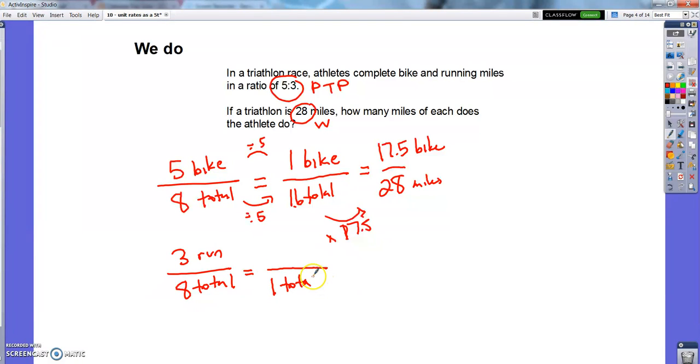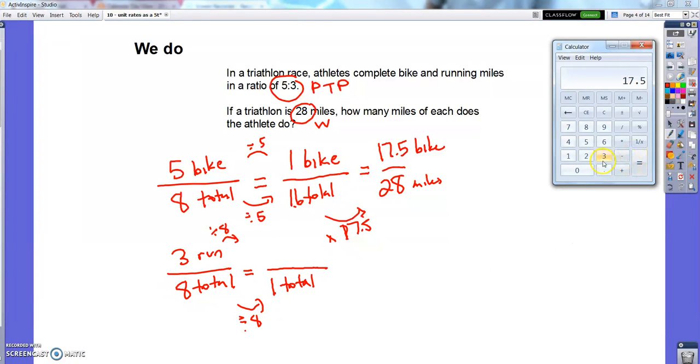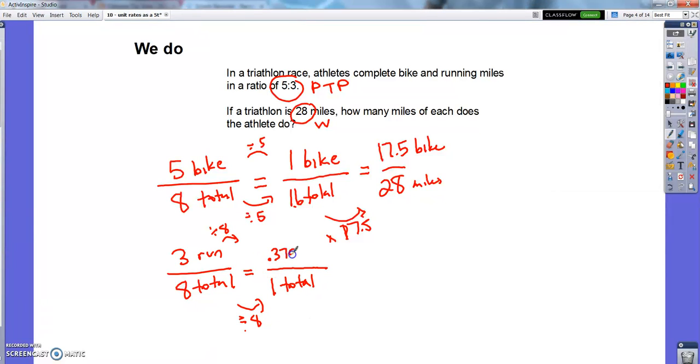So for every 1 mile I do total, I run 3 divided by 8, that far. 375 thousandths running miles. So that's kind of a weird ratio, but for every mile I run total, this much of it is running, and the rest of it would be biking.